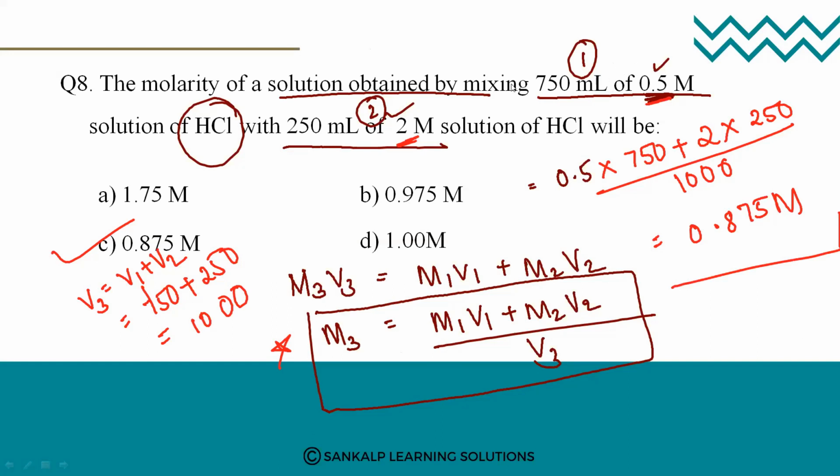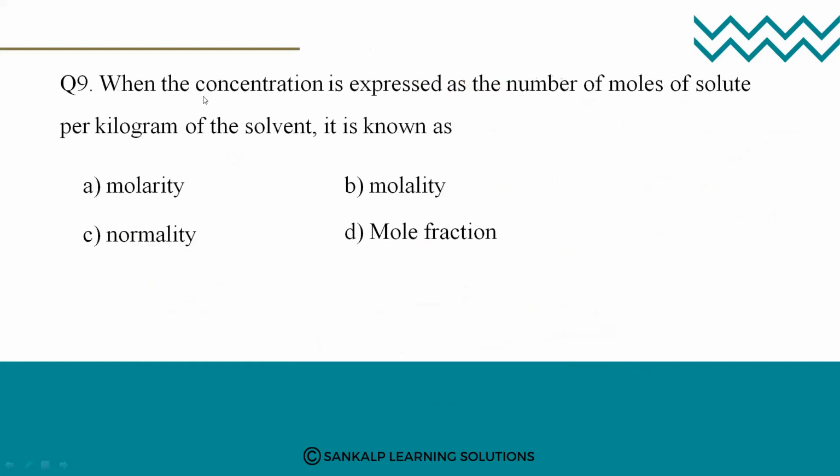So we'll go for the next one. When the concentration is expressed as the number of moles of solute per kilogram of the solvent, then it is called as. We have seen concentration terms.